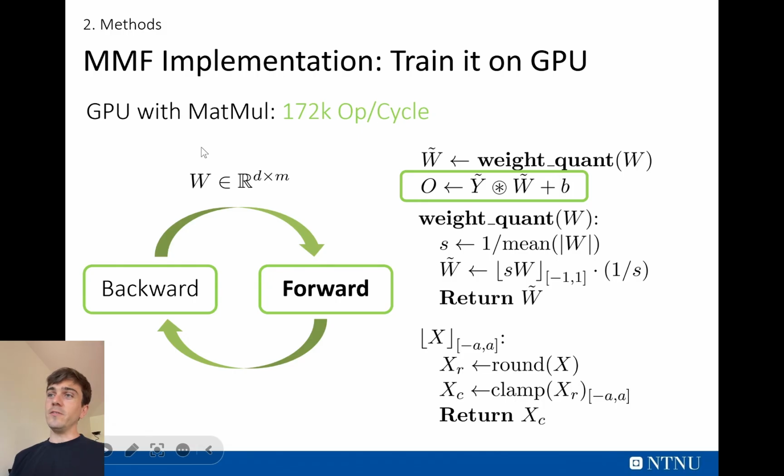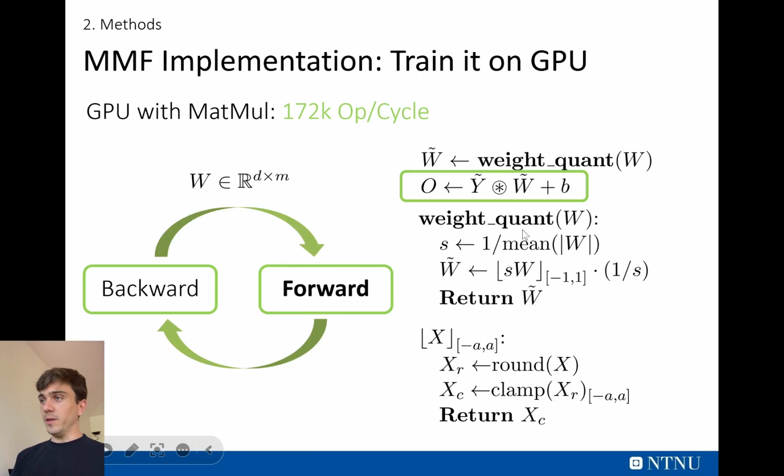You internally save the weights in full precision. However, in forward, you quantize the weights. So you have the full precision weights, and you quantize them to, in this case, ternary.